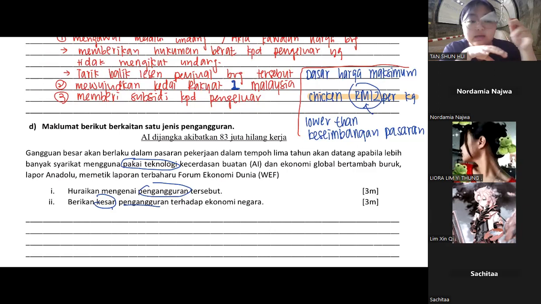So in this paragraph, what do they mention? Because syarikat mengguna teknologi. Oh, they use technology and it causes me to become jobless. That's why in this story, they are berstruktur. They are berstruktur, and you have to explain what is berstruktur.